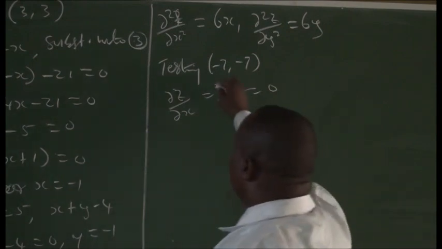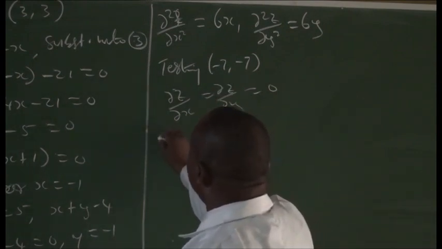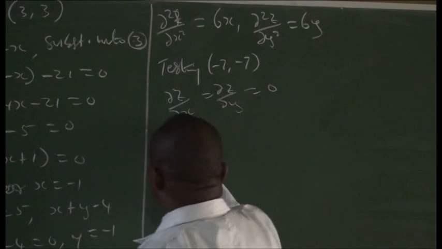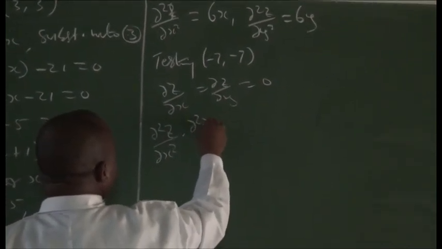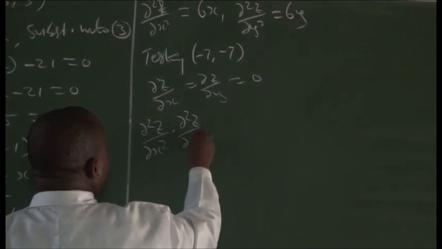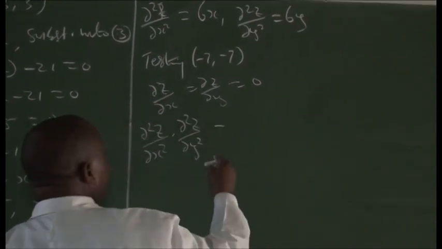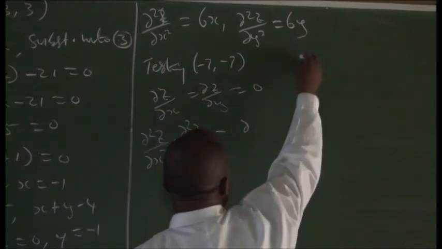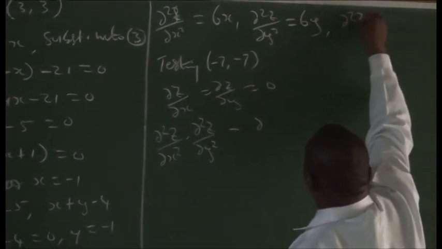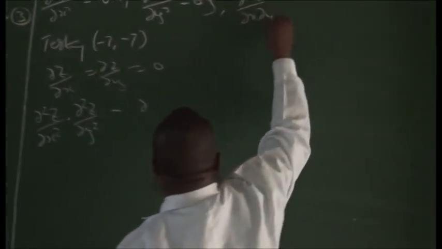All right. Then partial square z over partial x squared times partial square z over partial y squared minus, we will need here partial square z over partial x partial y.